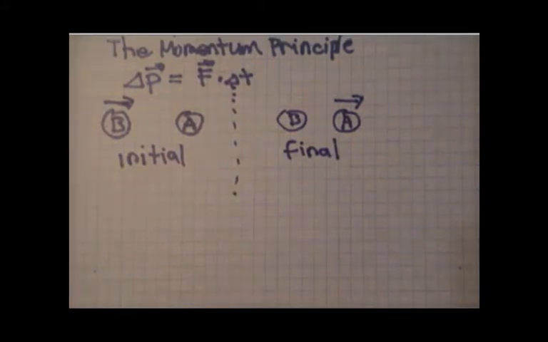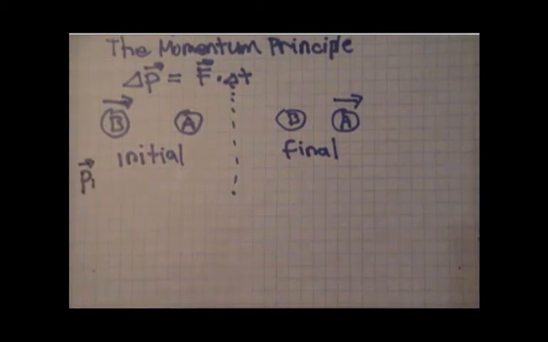Okay, now I'd like to make this somewhat quantitative. So I'm going to give numerical values to the momenta that appear in this problem. And I'm going to claim the numbers I'm going to write down are in the ballpark of what is reasonable for the actual situation that we saw in the video clip. So I'm going to call the momentum that ball B has in the initial condition P sub B sub I. Momentum is a vector, remember, so we have to specify three components.